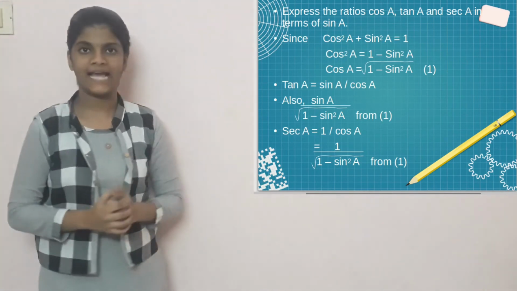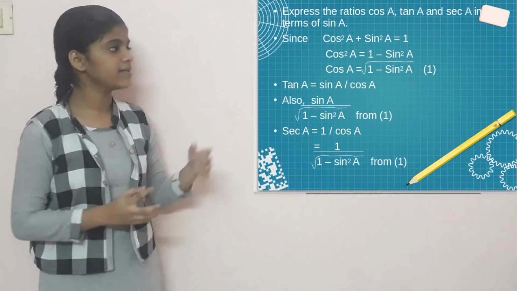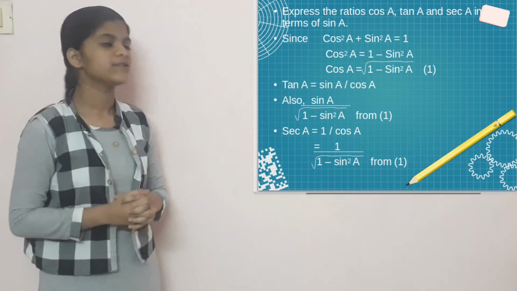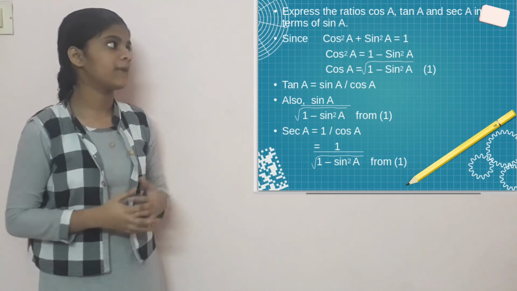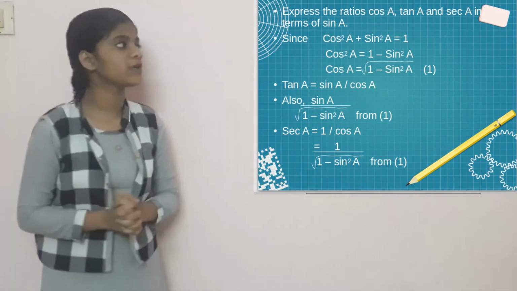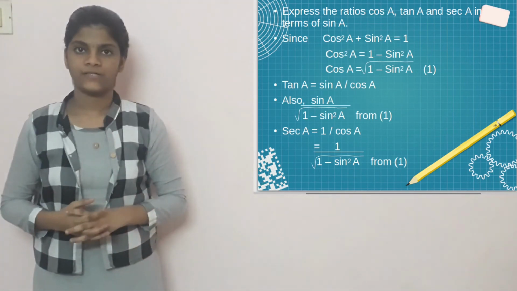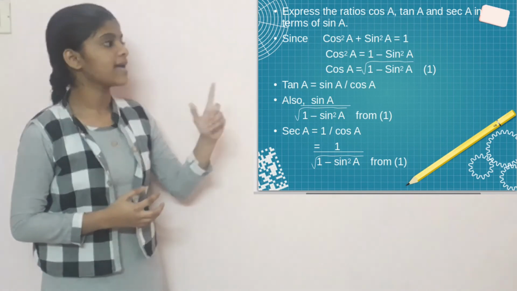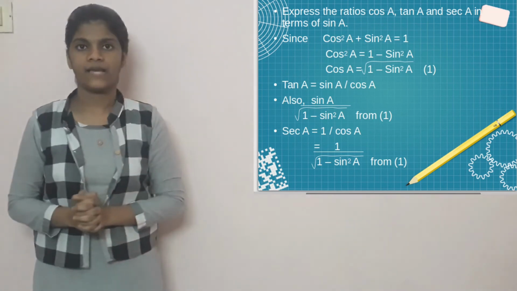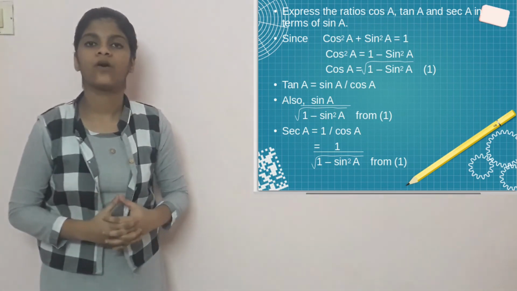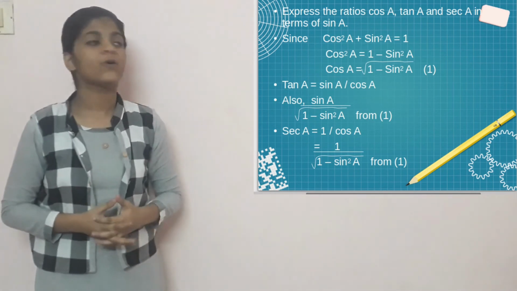Now the next part is tan A. We know that tan A is equal to sin A by cos A. But here we have cos A on the right hand side. So instead of cos A, we can also write root of 1 minus sin square A. We have proved above that cos A is equal to root of 1 minus sin square A. So that tan A is equal to sin A by root of 1 minus sin square A. Now the next part is sec A. We know that sec A is the reciprocal of cos A. That is sec A is equal to 1 by cos A. But here again we have cos A on the right hand side.